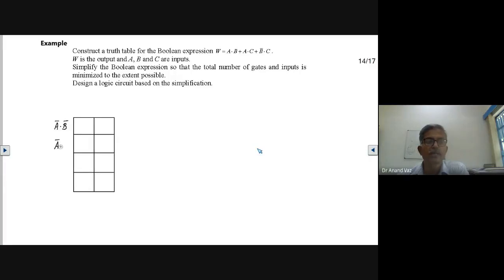So not A and B. Then we will retain B as it is, we'll change A. So this will become A and B. And then we'll retain A and change the state of B. So A and not B. Because we just have 3 inputs, here we will take not C, and here we will take C.